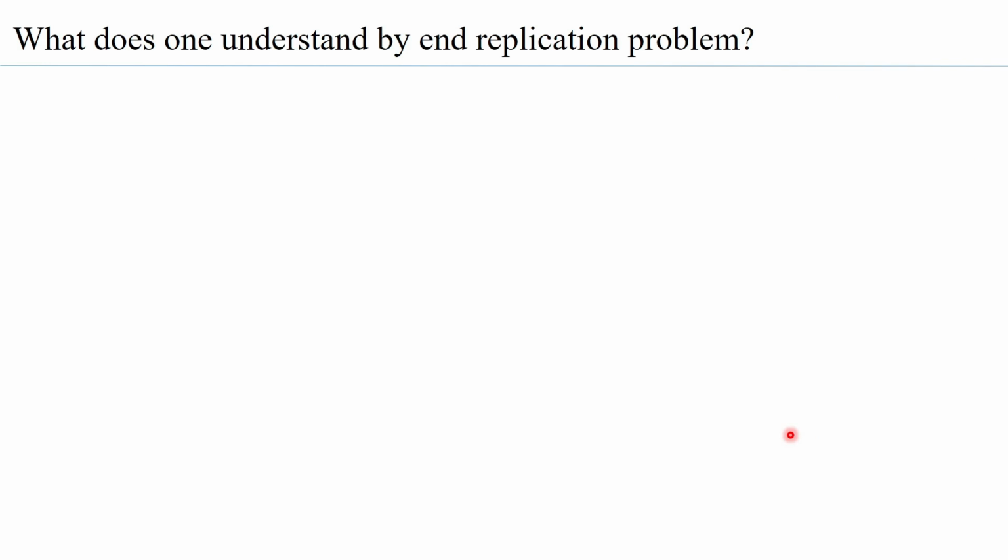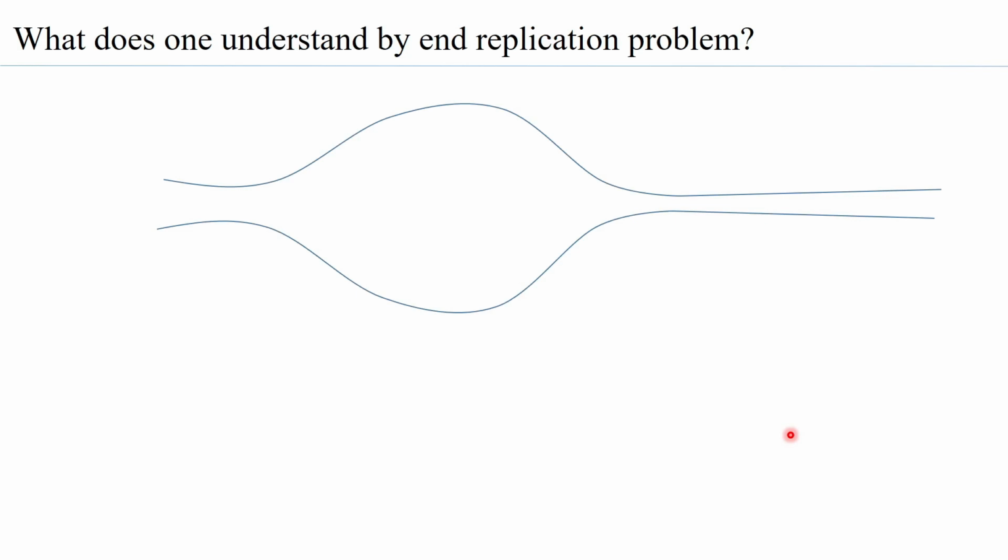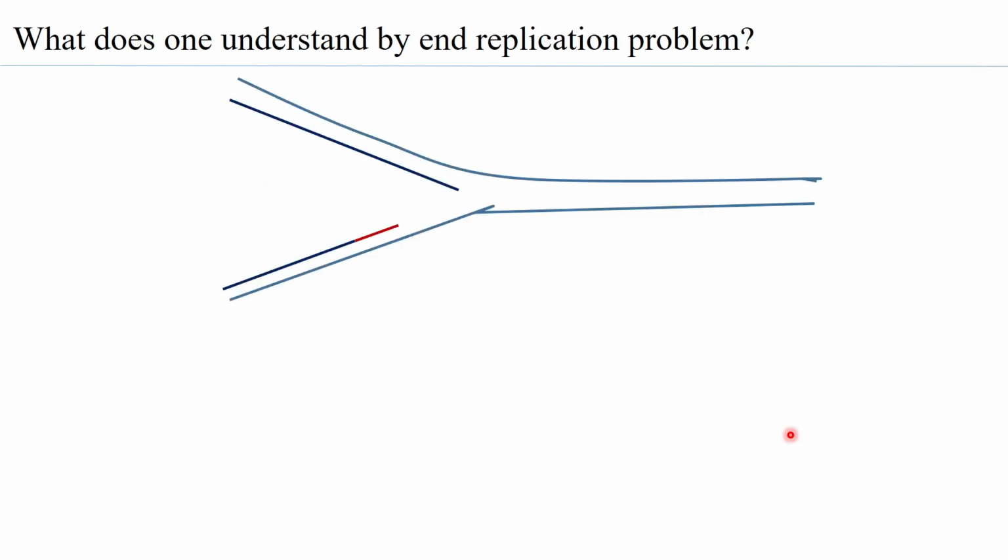Now, what is the end replication problem? Let us consider that you have an origin and therefore you have two replication forks, each moving in different directions. Let us consider only one part of the replication fork, which is opening up the unreplicated DNA to get replicated DNA.